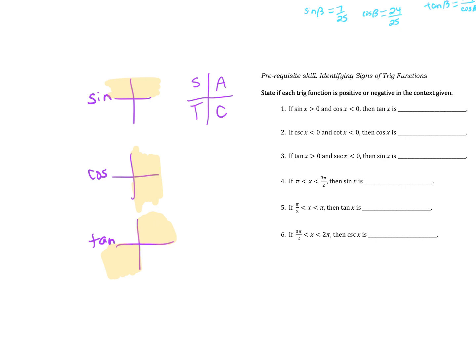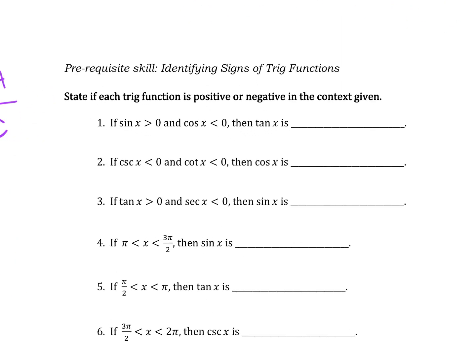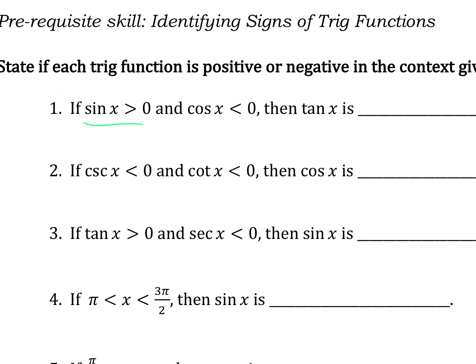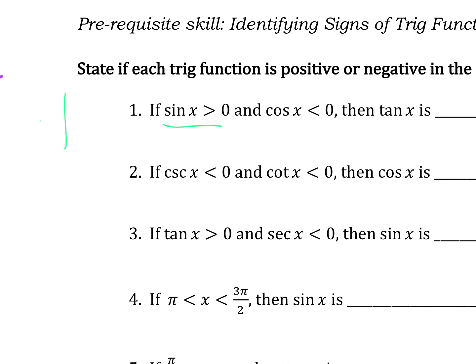Okay. I think that can be helpful if we're going to zip through these pretty quickly. So go back and look at this if you need to. And slow me down if you need me to, but I'm hoping we don't have to. All right. Sine is positive in what two quadrants? 1 and 2, good.